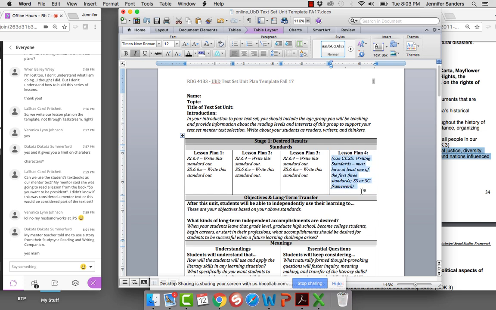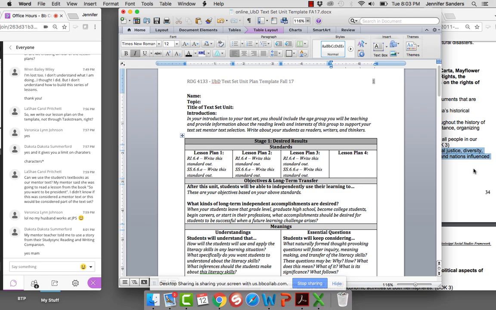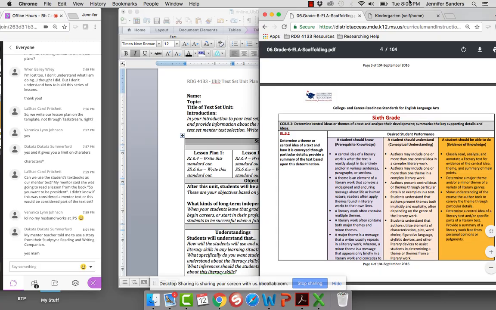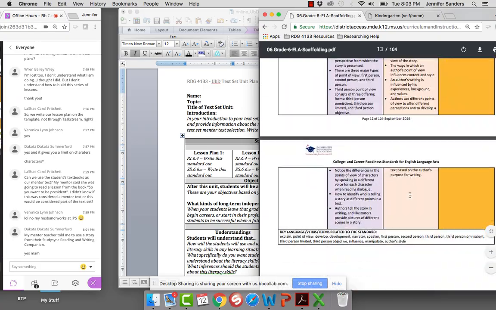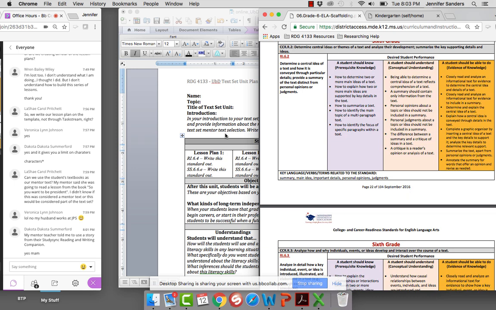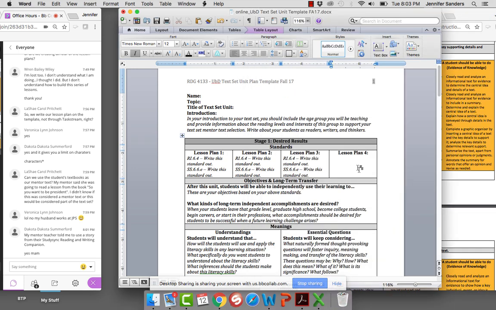Now for here I need the writing standard, and so I need to look at my writing scaffolding. When I look at my writing scaffolding, I want them to write a news report on the events as they were in that day during the World War II period.